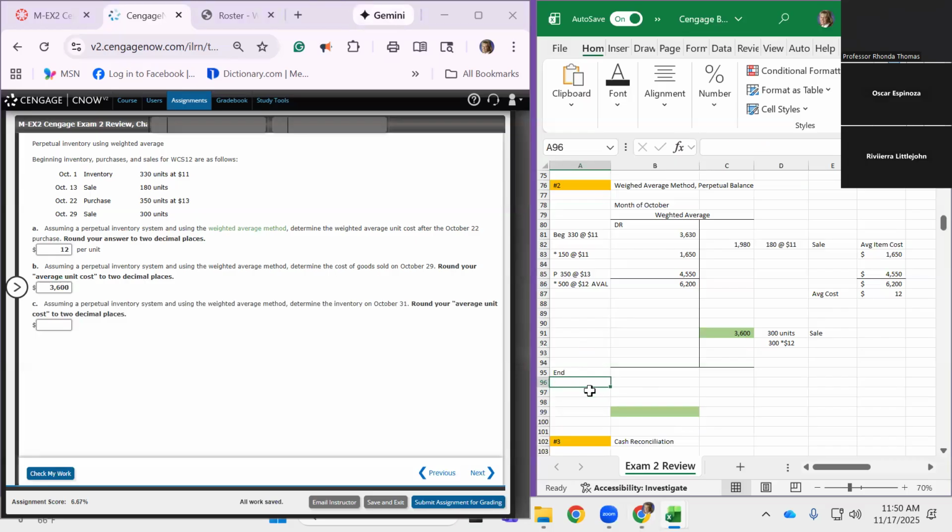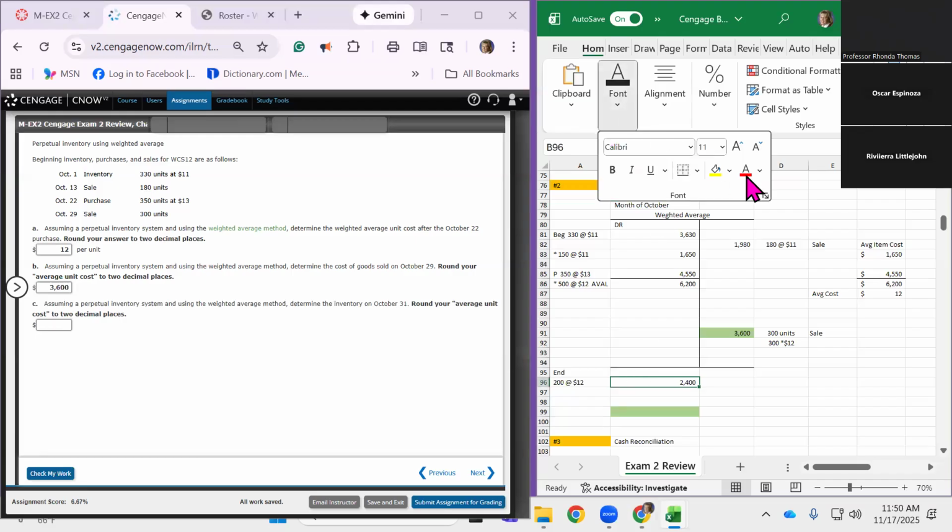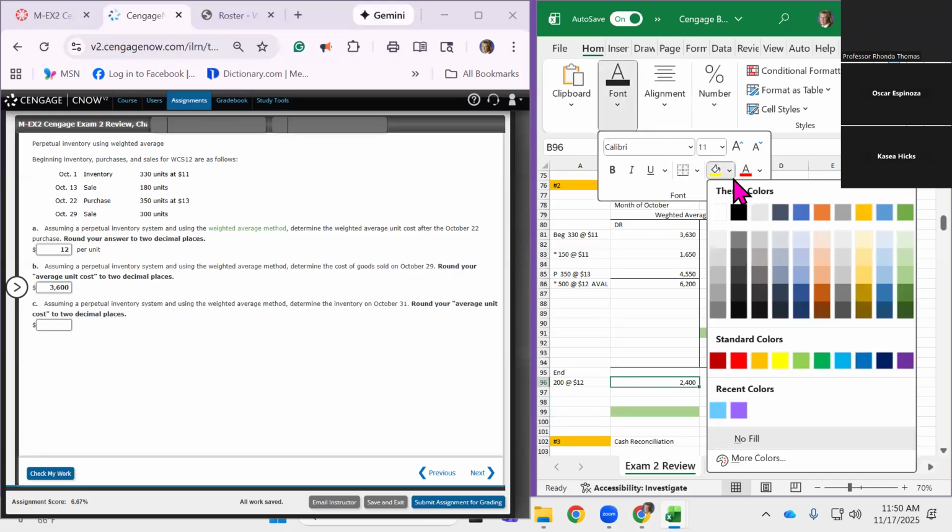Well, we're going to be able to calculate that there are 200 items left at $12 each. Okay, so do the math for that. Equals 200 times 12, and you get 2,400. Okay, so there is the answer for the ending inventory.